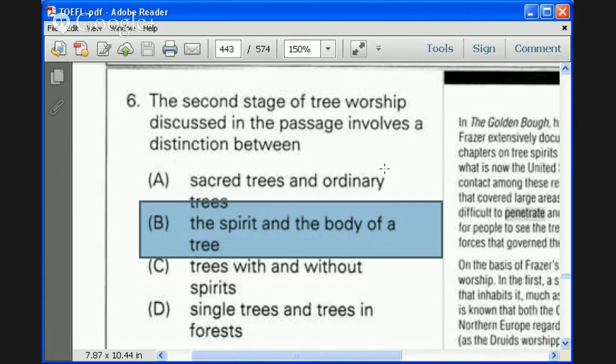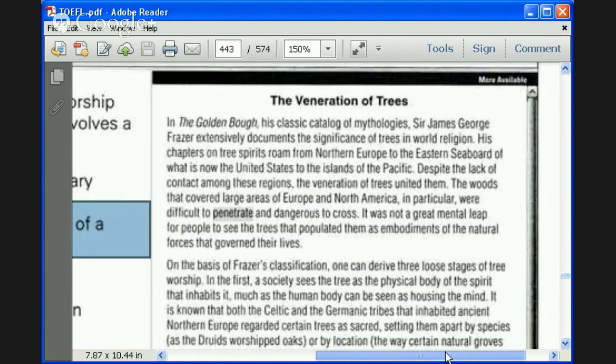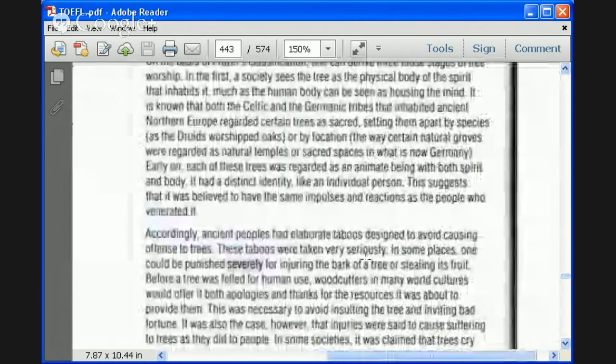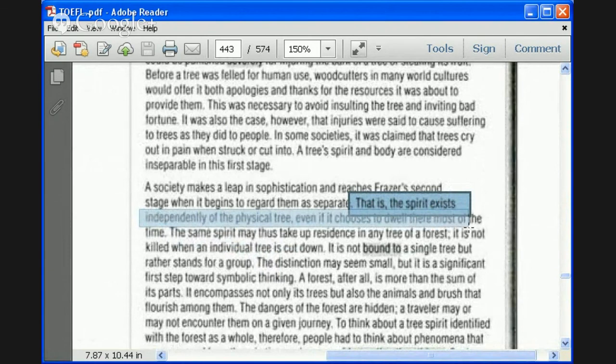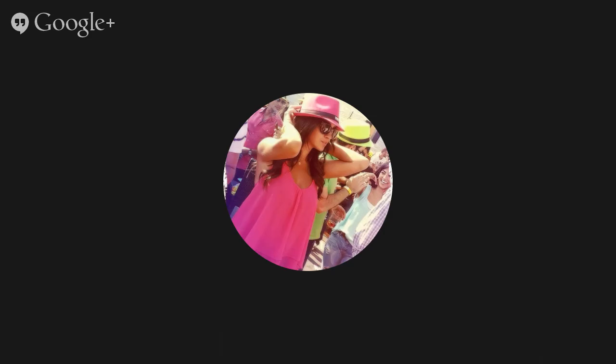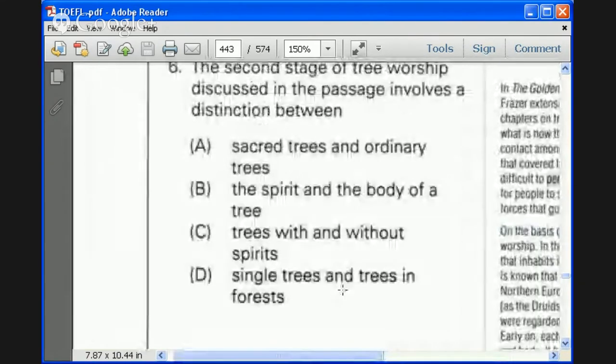Now, because you're paranoid and nervous and freaking out as you're taking the TOEFL test, and because I know exactly where to find it, I probably would give it a quick check. The spirit exists independently of the physical tree. Okay, great. Quick check. All right, I wasted an extra 3 seconds, but it's worth it for my peace of mind.